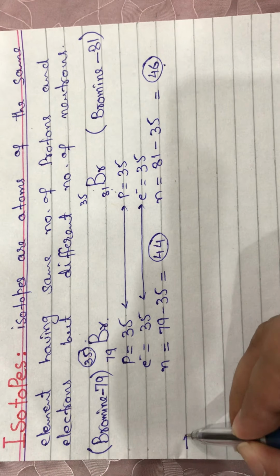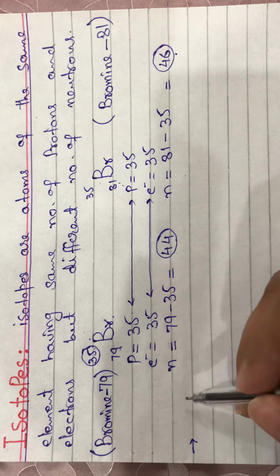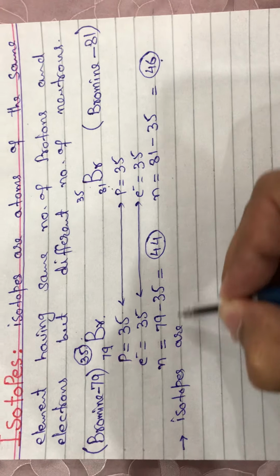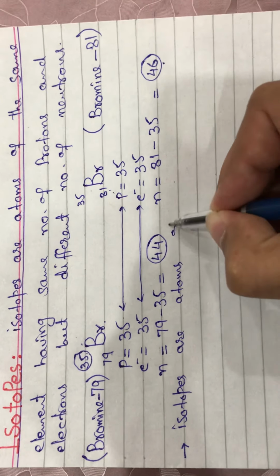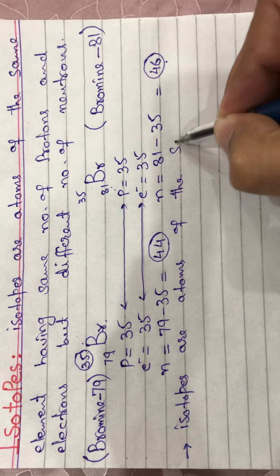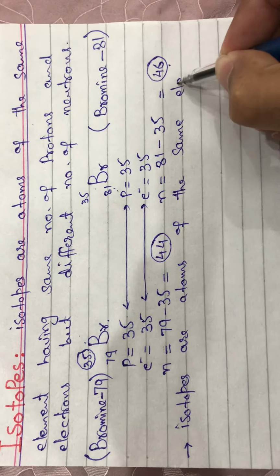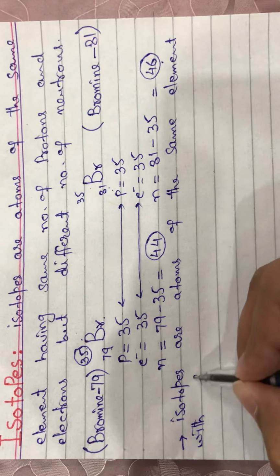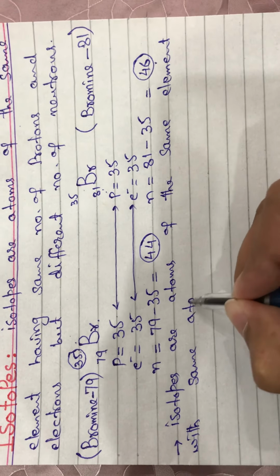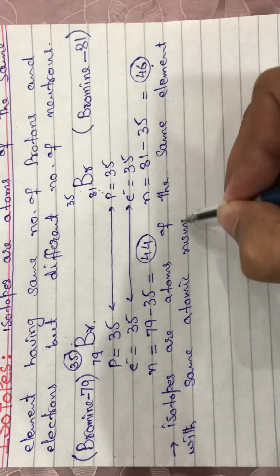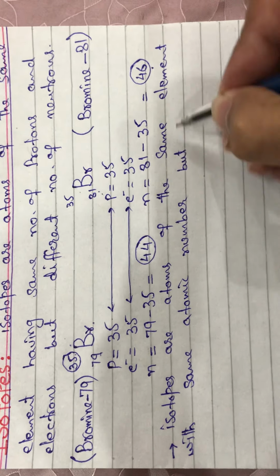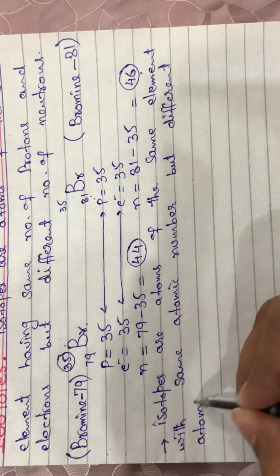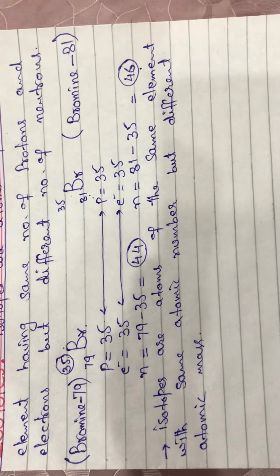So we can modify our definition: isotopes are atoms of the same element with the same atomic number but different atomic mass or nucleon number.